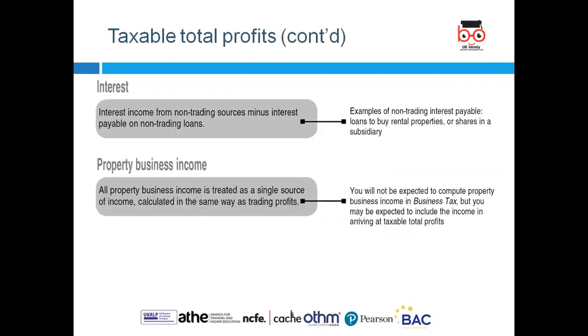Interest income is a non-trading source, minus interest payable on trading loans, where we make the expense adjustment accordingly. Property business income: a lot of changes have happened in the property business, especially if your property is held under companies. It's a different rule than for individuals, and you will not be expected to complete the property business income in the business tax, but may be expected to include it in the income arriving at the taxable total profit.